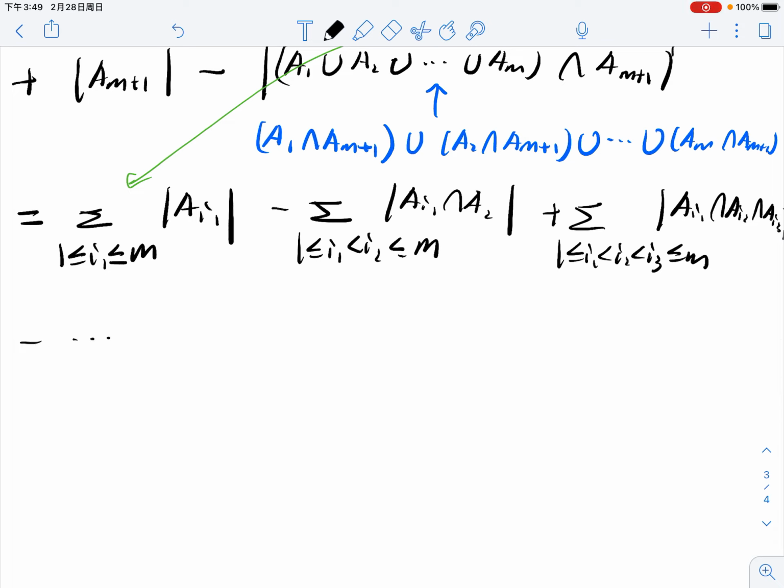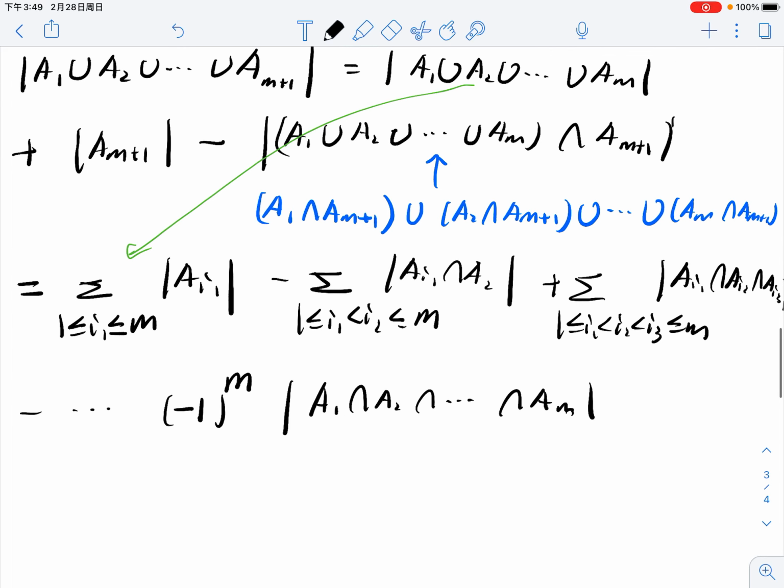And whenever you do this type of formula, keep in mind the first few terms and the last few terms. So the last one we have is minus 1 to the m's power, A1 intersection A2 intersection all the way to AM.